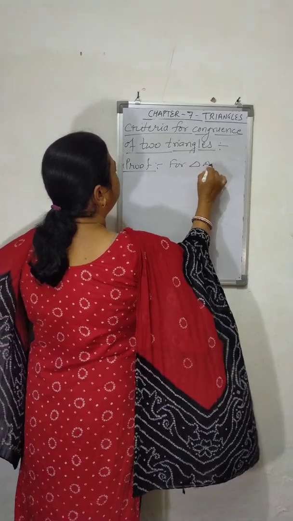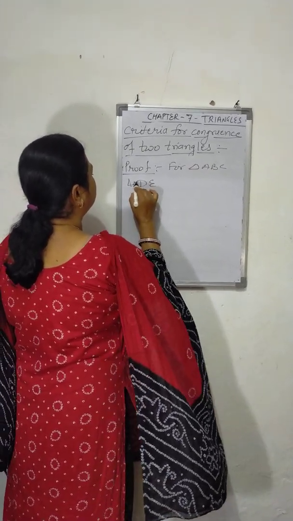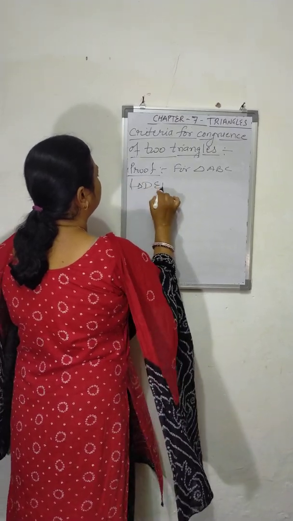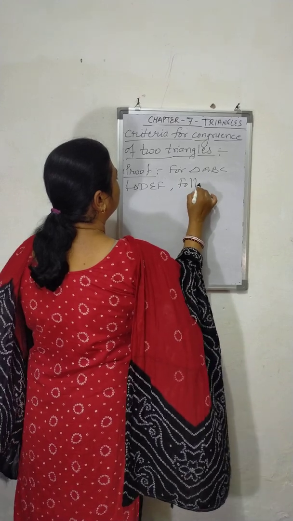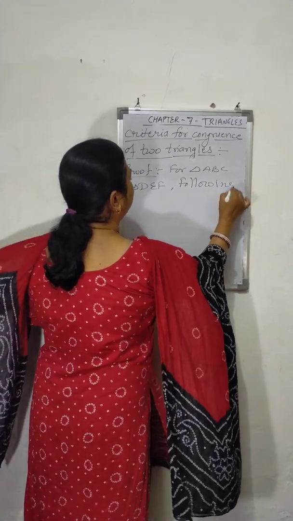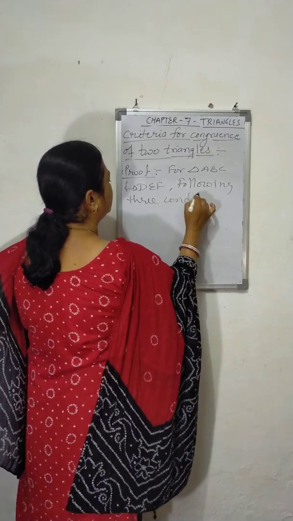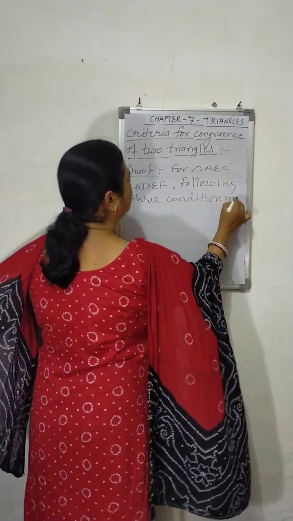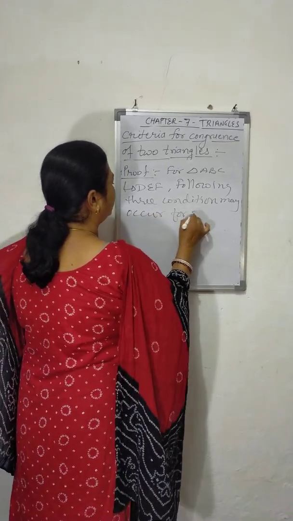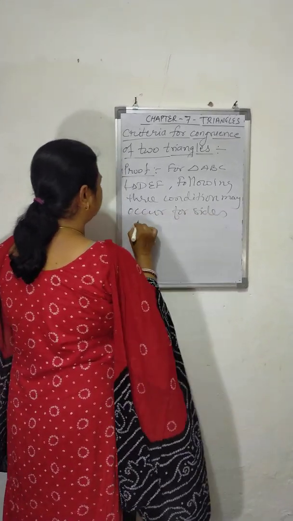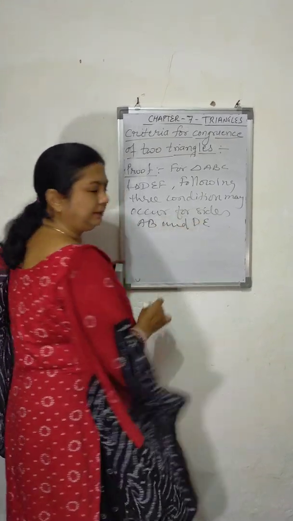For triangles ABC and DEF, the following three conditions may occur for sides AB and DE.